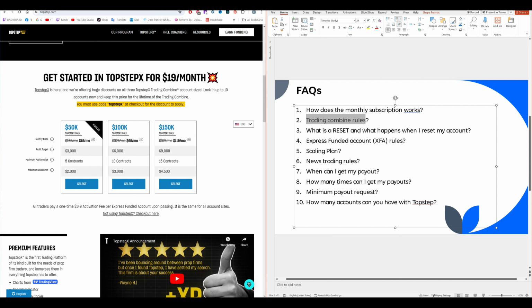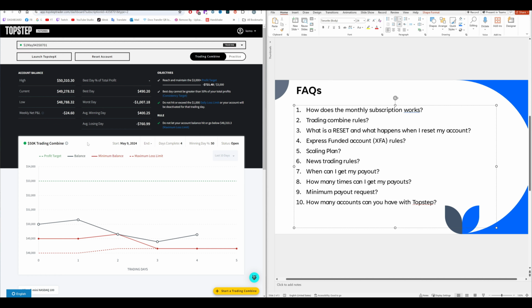We already explained what the trading combine is because I already showed you the dashboard and we already went through it. So what are resets, and what happens when you reset an account? That was a really confusing topic for me when I first joined Topstep with a trading combine. Basically, a reset of an account is to bring whatever balance you currently have back to the initial balance.